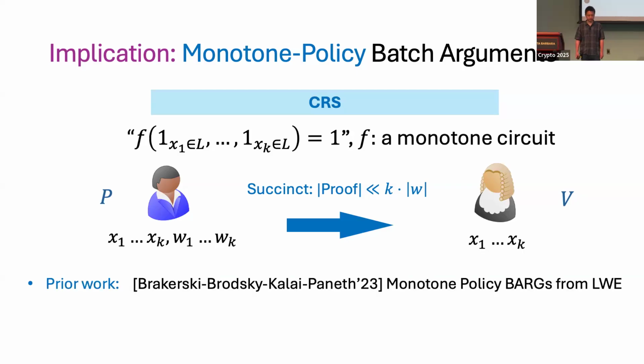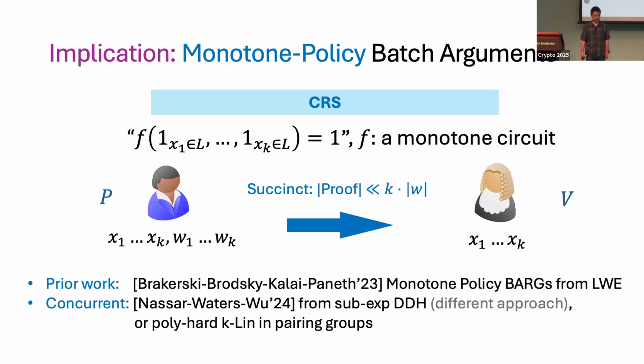Previously, the work by Brakerski et al. constructed these monotone policy batch arguments from the learning with errors assumption. And also concurrently, the work of Nassar, Waters, and Wu constructed these monotone policy batch arguments from the sub-exponential DDH assumption, using a very different approach from ours. Their work also achieves a construction from polynomial hardness of standard assumptions in pairing groups.